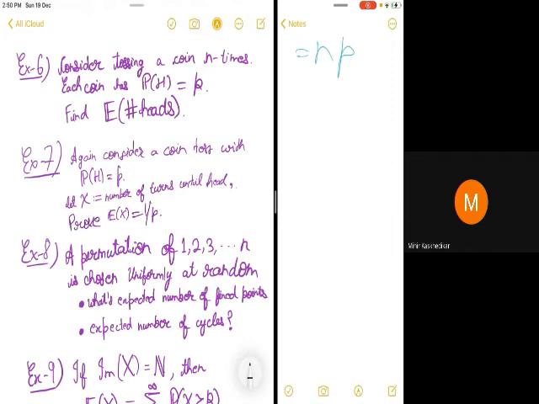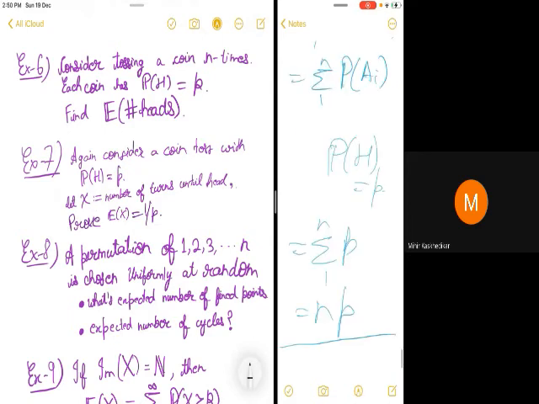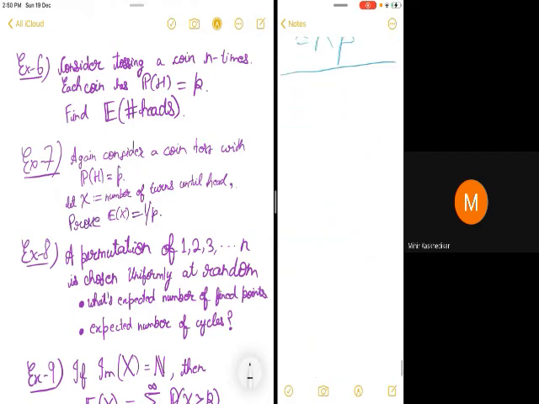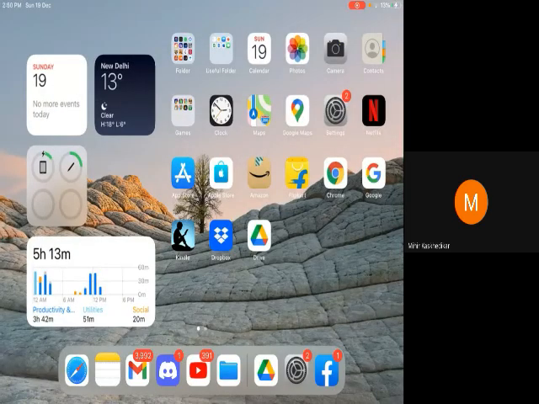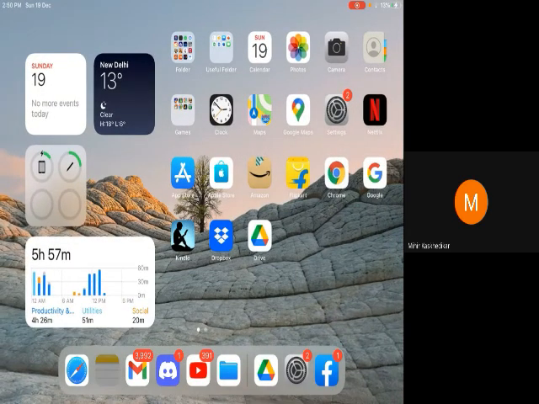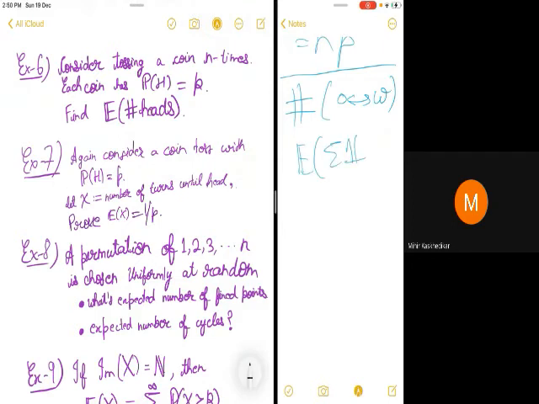Initially this might seem ingenious, and indeed it is, but the general thing is that if you want the expected value of the number of some objects which correspond to our outcome omega, then this will just be the expected value of the sum of indicator functions of O_i, where we define our indicator functions to be 1 if an object O_i corresponds to our outcome omega, and 0 otherwise.